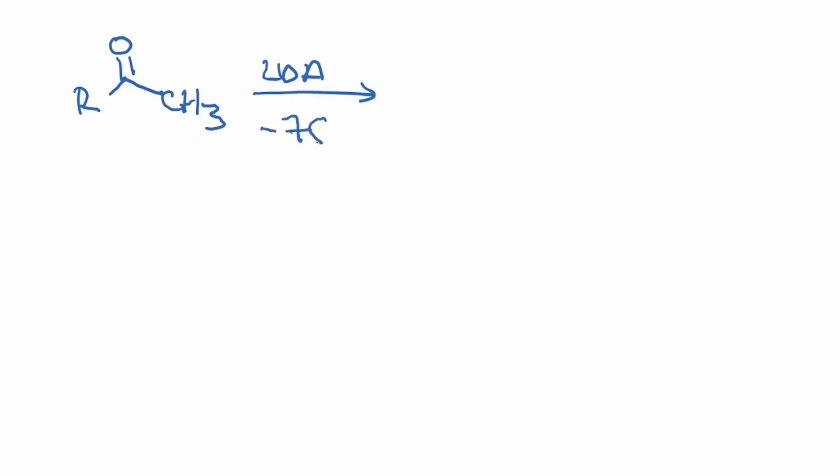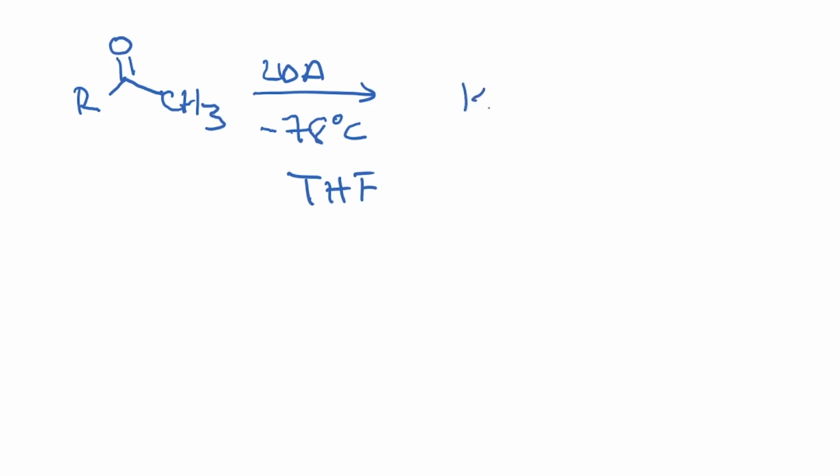So quick recap on the lithium enolate reaction. The way we would do this reaction is we would first generate the enolate using LDA, and we would use minus 78 degrees centigrade, and typically these reactions are carried out in a solvent such as tetrahydrofuran.